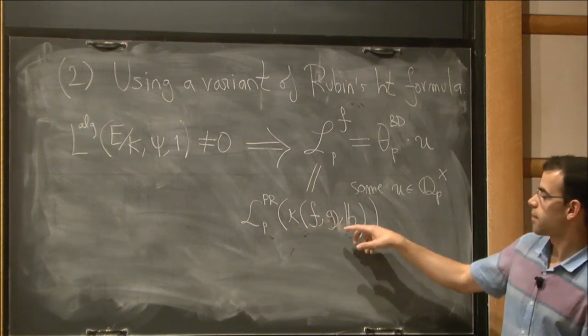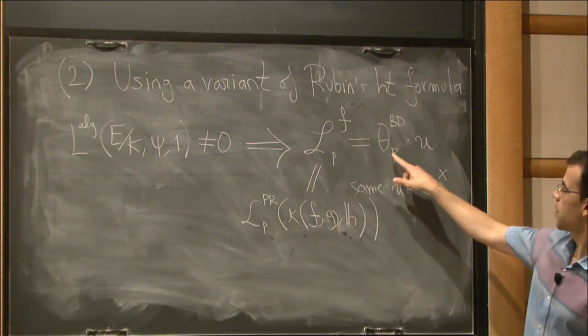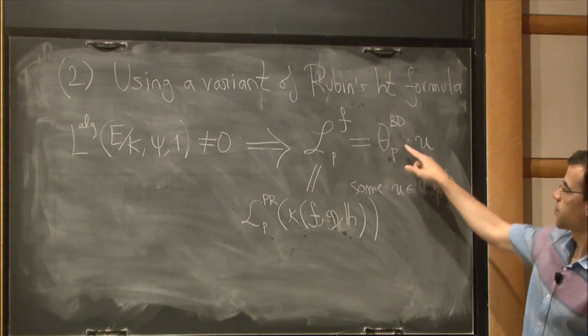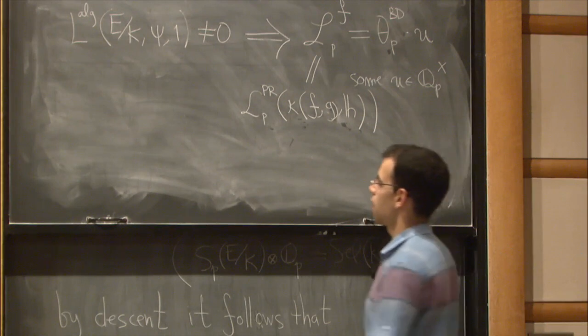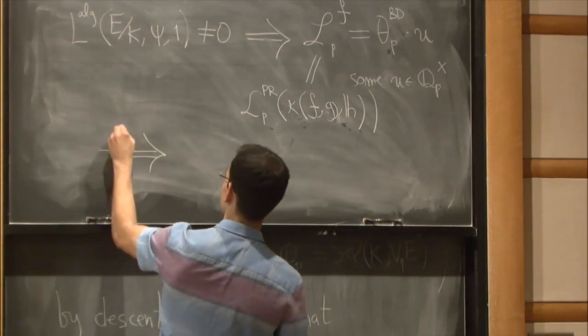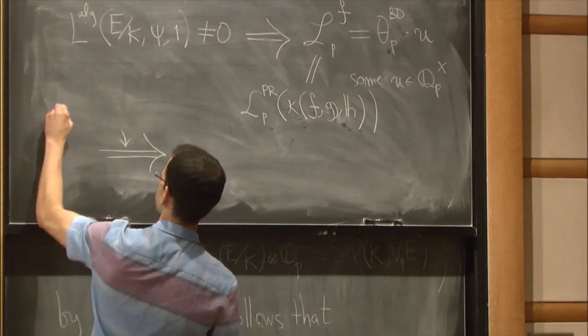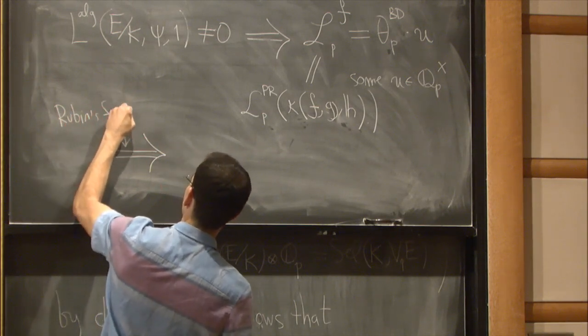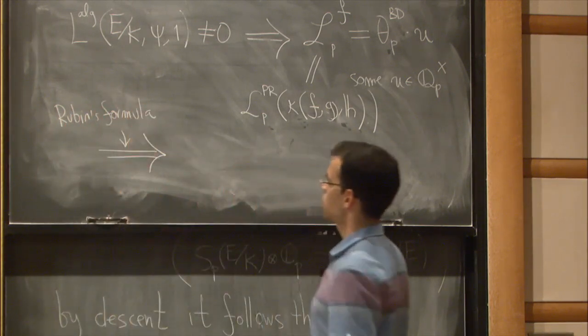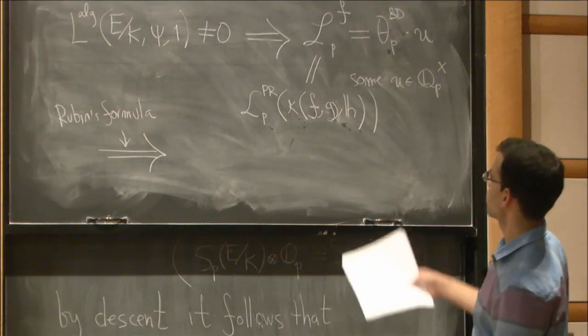And when you look at the class in the base, you get something that vanishes, as in our case. This vanishes at the trivial character by Rubin's formula. Rubin's original formula was done in the cyclotomic setting.